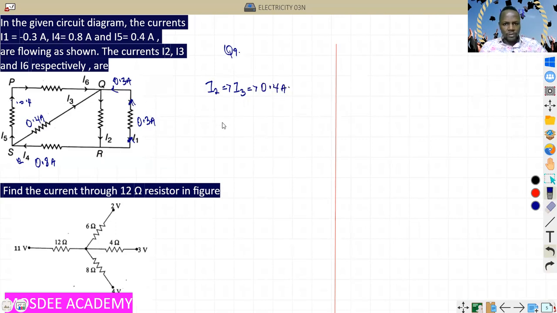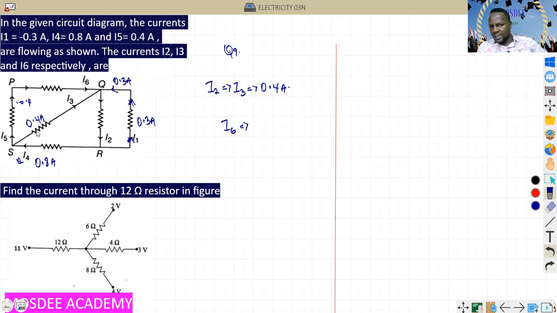Then the last one we're looking for is I6. About I6, let's see the flow. 0.4 is coming here. 0.3 is coming here. Let us be guided so that we don't make a mistake. The total current here is 0.8. Sorry about that, I5 is 0.4.